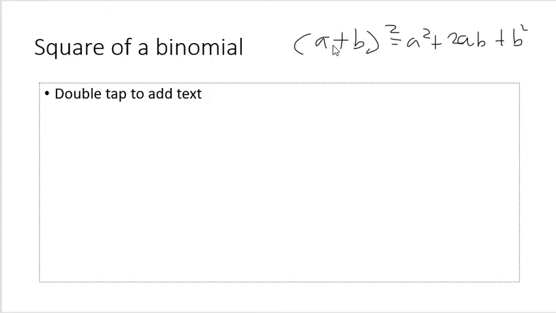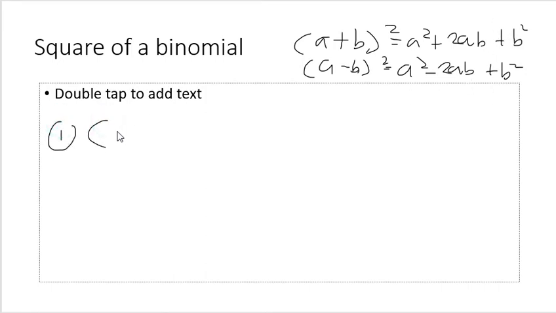We just have to make sure that we square the first term, then twice the product of the first and the second, and then square the last term. If we have subtraction, we will have a squared minus 2ab plus b squared. If it's a plus, the middle term is a plus. If it's a minus, the middle term is a minus. And please take note that the last term is always positive.